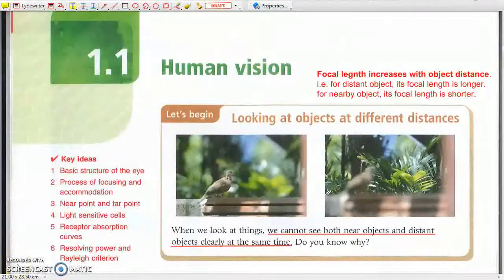In fact, the focal length of a human eye increases with the object distance, as objects at different distances require different focal lengths of the eye lens. A human eye cannot focus two objects at different distances at the same time.